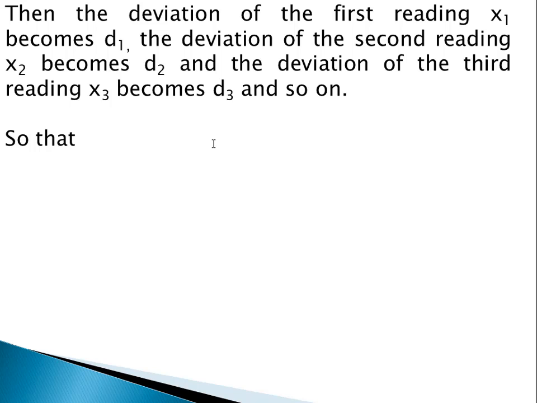Similarly, the deviation of the third reading x3 becomes d3 and so on, so the deviation of the first reading d1 becomes x1 minus x bar. Similarly, d2 becomes x2 minus x bar and d3 becomes x3 minus x bar.